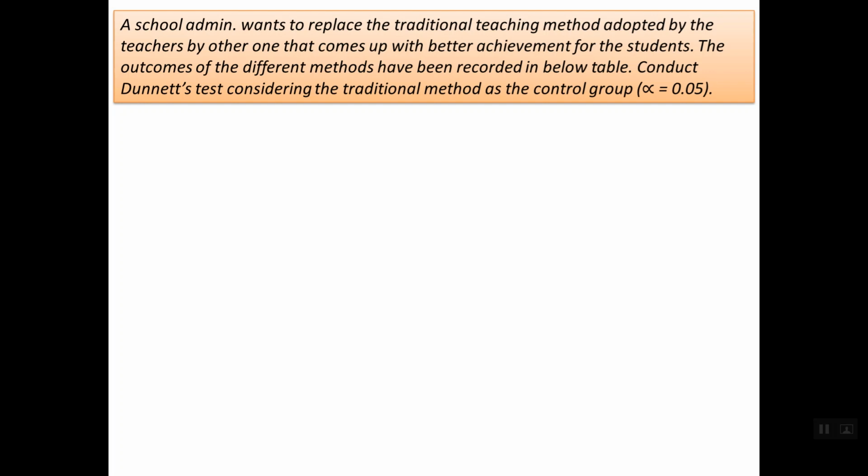The outcomes of the different methods have been recorded in the table below. What is needed is to conduct the Dunnett test, considering the traditional method as the control group, and the significance level is equal to 0.05.